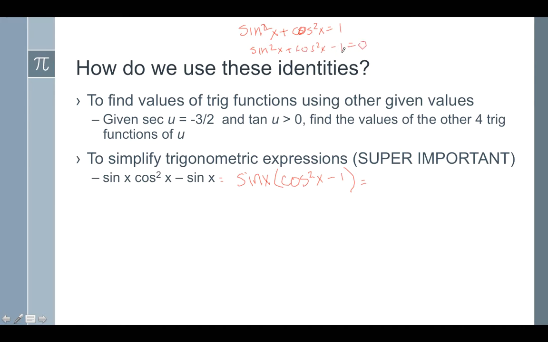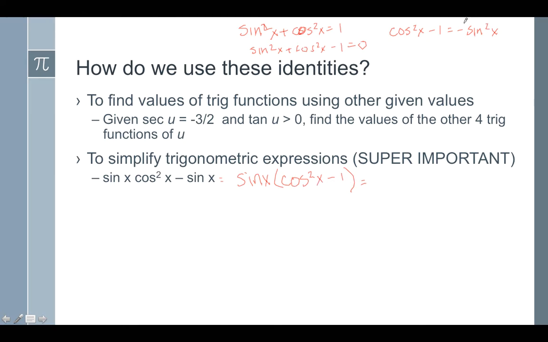And if I want to get that cosine squared x by itself, I'm going to subtract sine squared x from both sides as well. Now I have that cosine squared x minus 1 is equal to negative sine squared x.